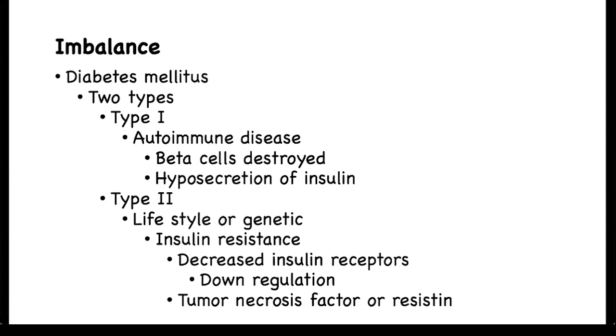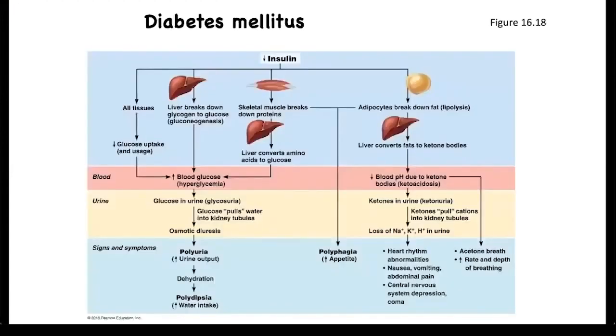In this decreased response, the cells will not place glucose transport molecules on the membrane, and therefore glucose remains in the blood. Both type 2 and type 1 will result in hyperglycemia. This figure illustrates the signs and symptoms that are possible with uncontrolled diabetes mellitus.